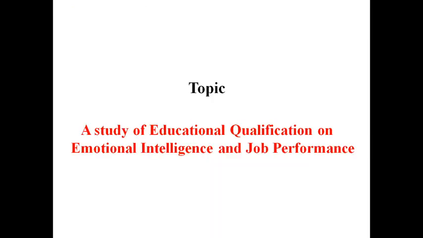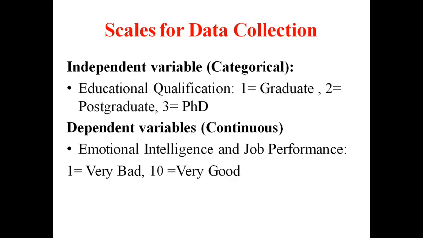Now we are considering one topic. Our topic is a study of educational qualification on emotional intelligence and job performance. So our independent variable is educational qualification with three levels: graduate, postgraduate and PhD, and our two dependent variables are continuous data: emotional intelligence and job performance. So you can see the scales for data collection.